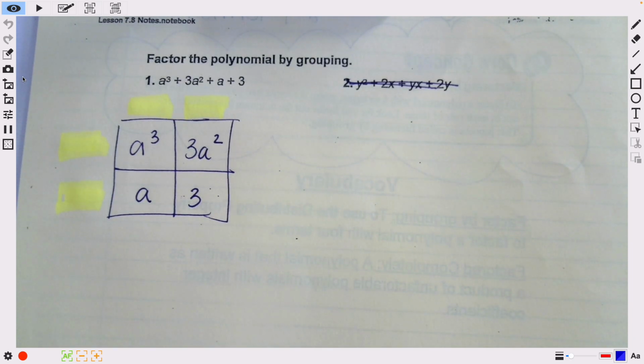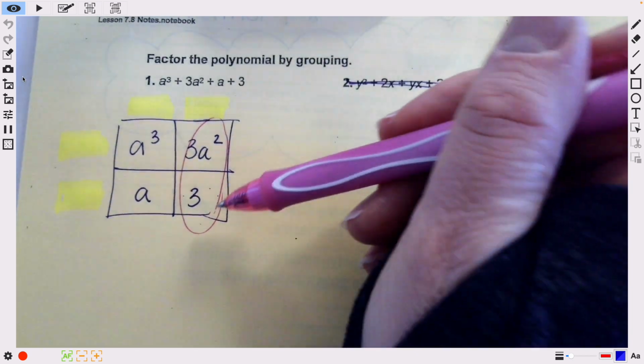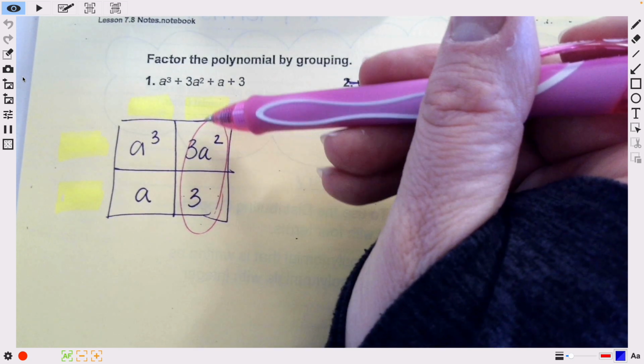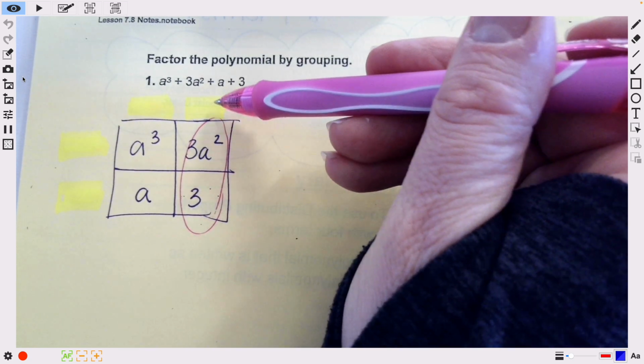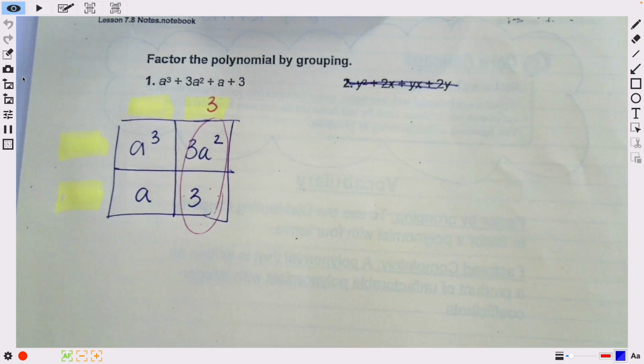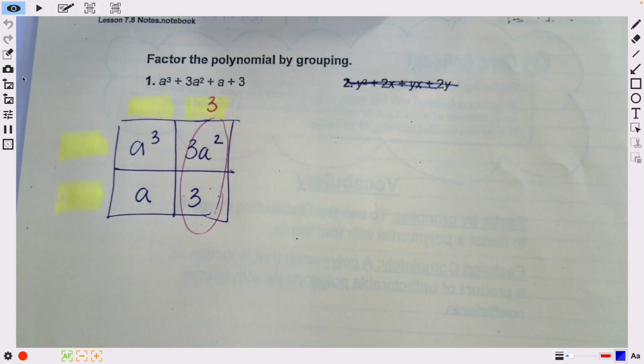So it doesn't really matter again where you start. This column kind of jumps out at me. I definitely know the greatest common factor between 3a squared and 3. What can you pull out of both? 3. Not 3a, because that doesn't have an a, so you can't take an a out, but you can take a 3 out.